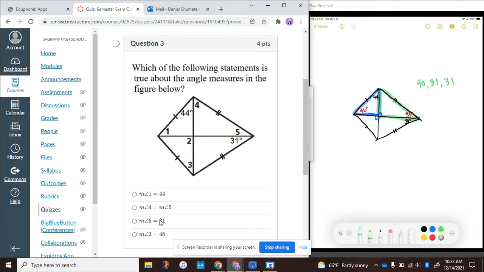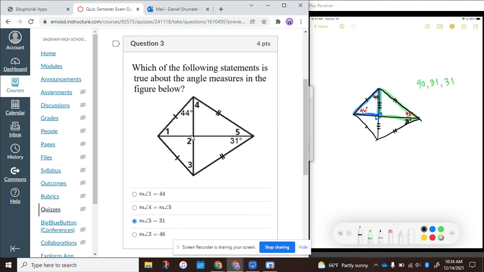However, this one right here, measure of angle 5 being 31, that one absolutely works. The reason that works is because we know these angles are bisected. One of the other things we learned about kites is that this distance right here is the same as that one right there.